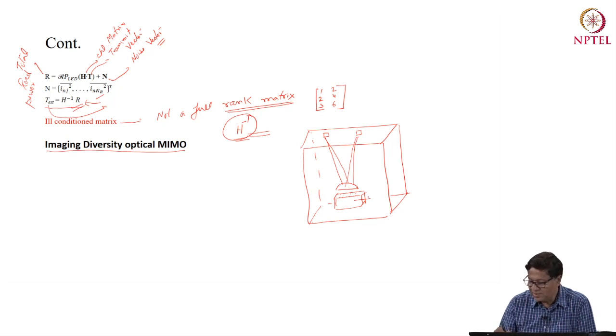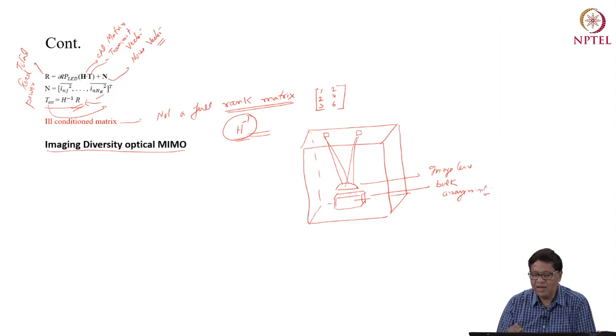Although it is making the receiver very complex, because you require a lens here. This is an image lens you will require. And this is some bulky arrangement. But if you see here, in this case, the matrix which you get is actually nearly a full rank or well-conditioned matrix.